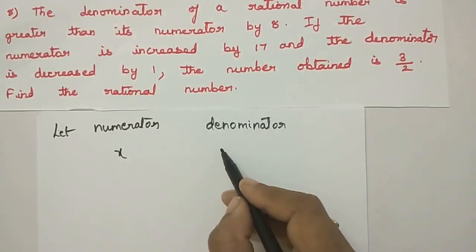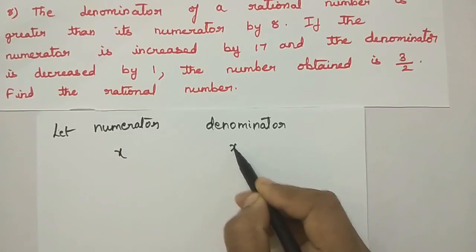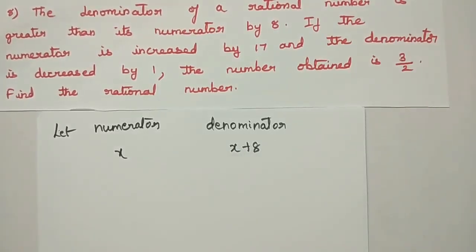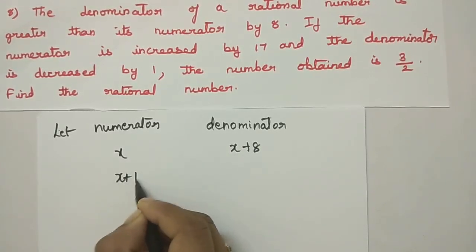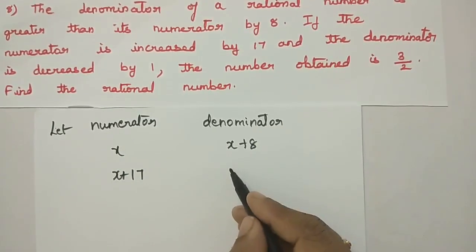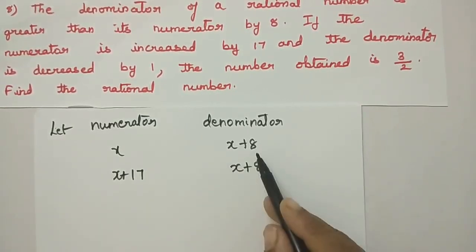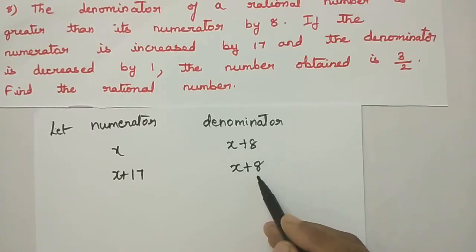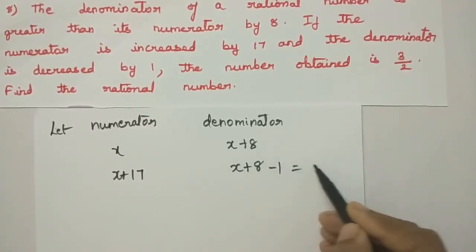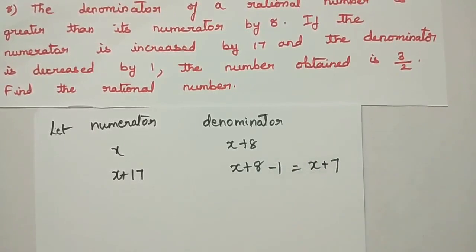Then the denominator is increased by 8, so it is x plus 8, is it not? Next, the next condition is if the numerator is increased by 17, the denominator is increased by 1. So the denominator is x plus 8 plus 1. Sorry, as the transcript says, x plus 8 minus 1, which is equal to x plus 7. Okay. So we got two terms, one for the numerator and the other for the denominator. And the relation given is that the number obtained is 3 by 2.